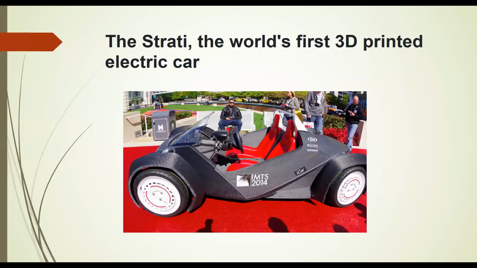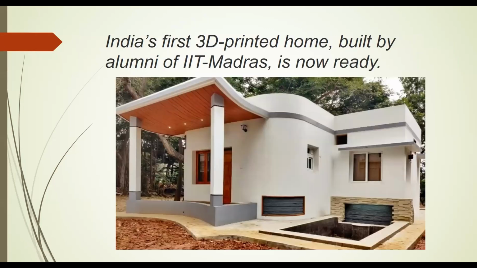Now this is the world's first printed car, an electric car printed on a 3D printer. The body is 3D printed, and it's an electric car, actually a very light car. Now the next is India's first 3D printed home. I think you all have seen these on YouTube and Facebook, large machines which use different types of chemicals to print homes.